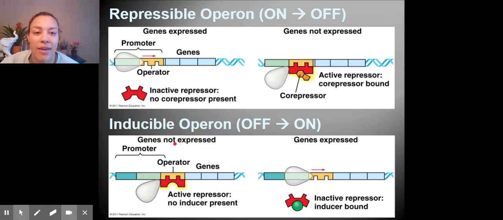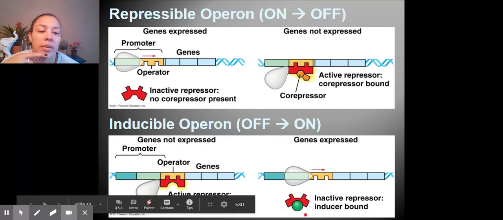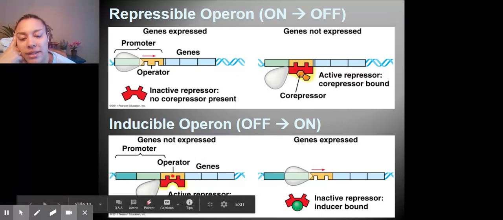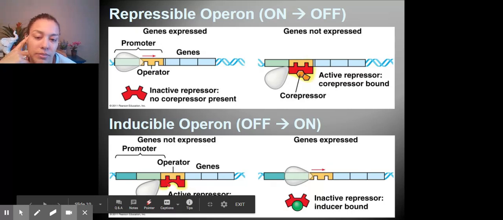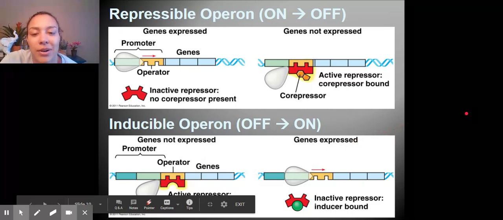It's not needed at that given time, and then it's activated by an inducer, or we might call those activators as well, where they attach, where they detach, and allow for polymerase to be active.